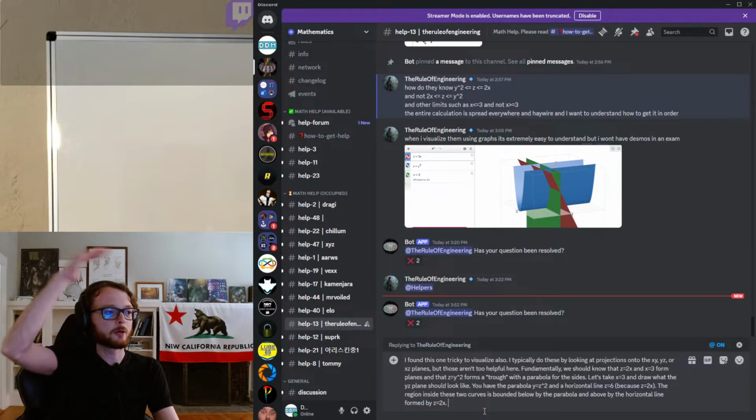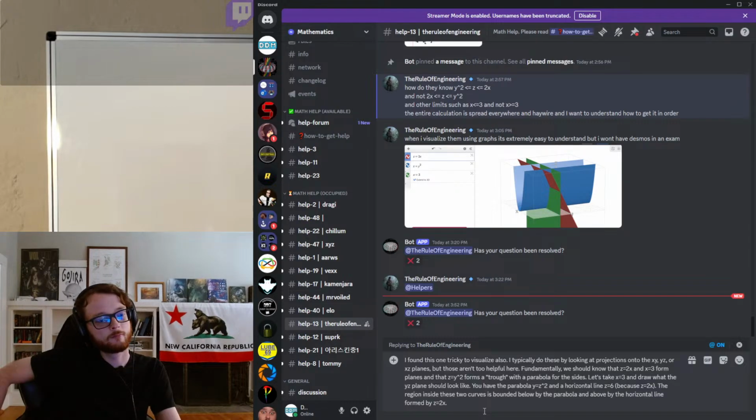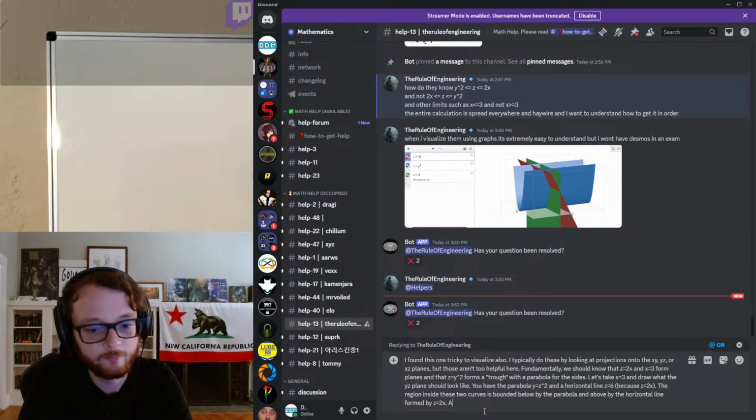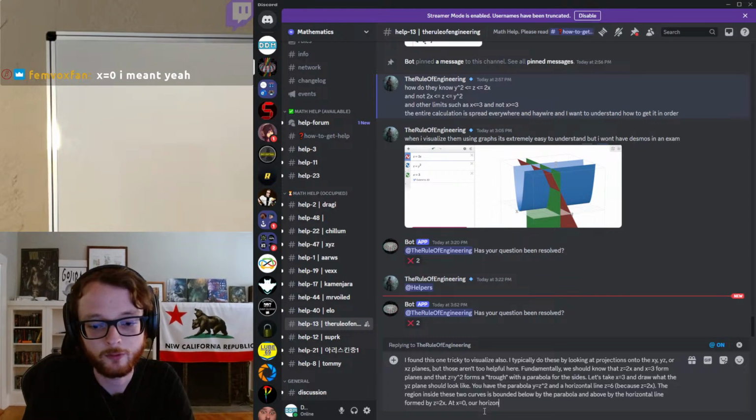At x equals 0, our horizontal line shifts all the way down to the bottom of the parabola. Oh, I see what you mean. At x equals 0, the parabola stays the same.